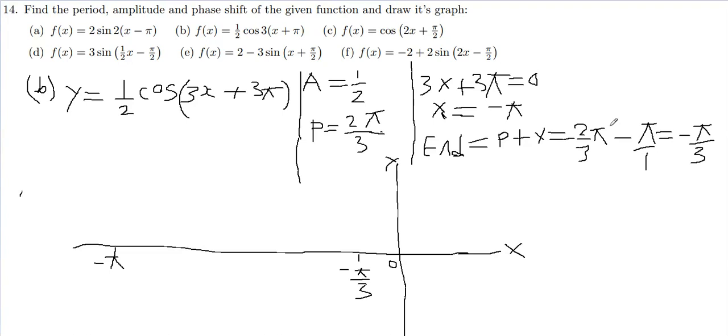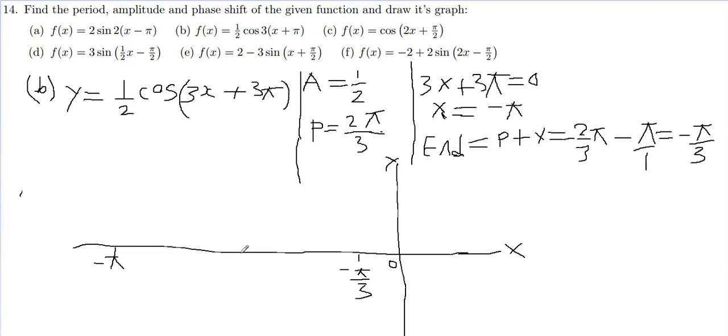When you add pi over 3 and 1, your answer will be 4 over 3. Then when you divide that by 2, you get 2 over 3.